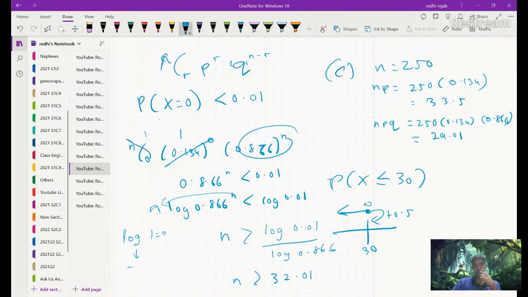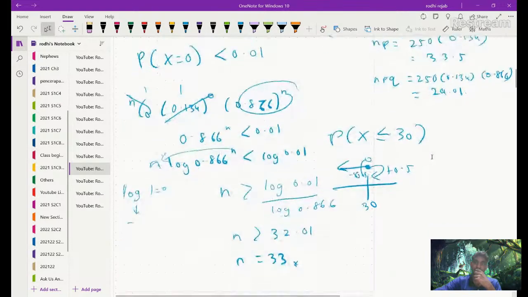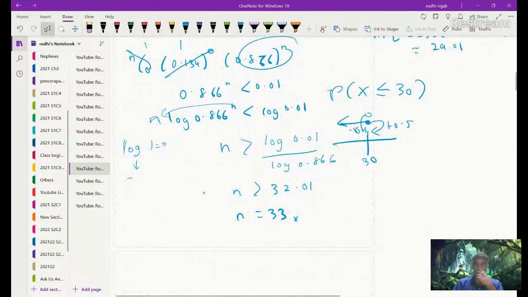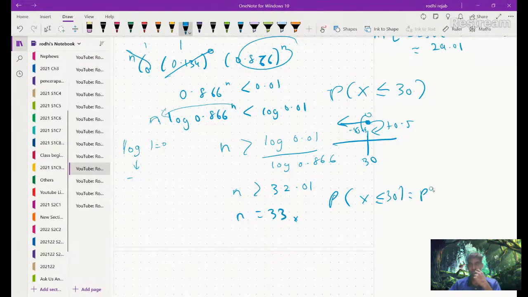Just in case we're not including it, we can move it this way, which is minus 0.5. But since we include, it's plus 0.5. So P(X less than 30) would be equal to P(X less than 30.5).